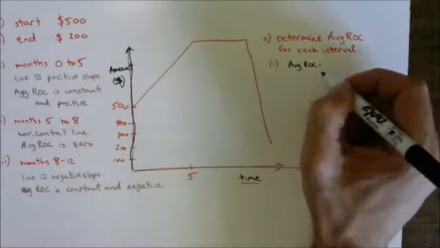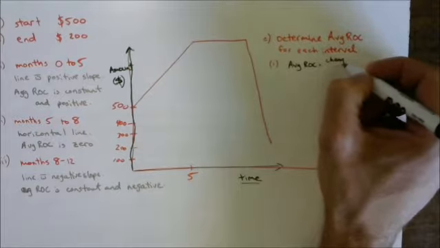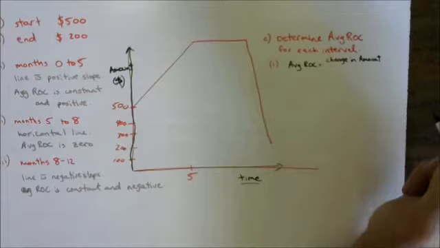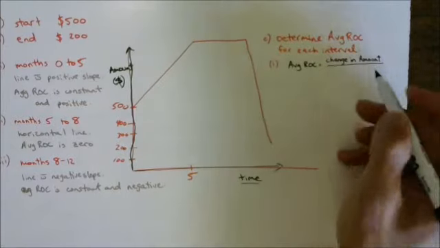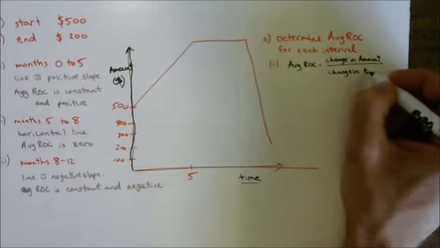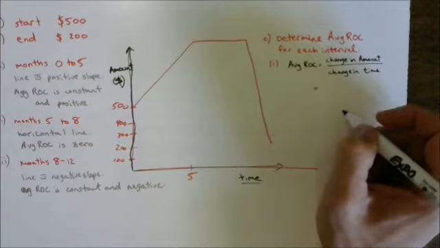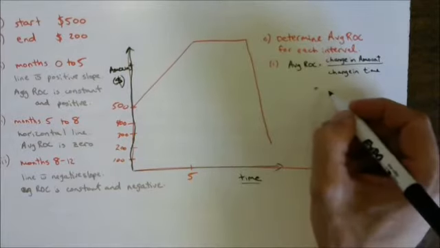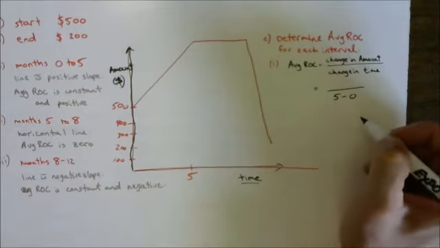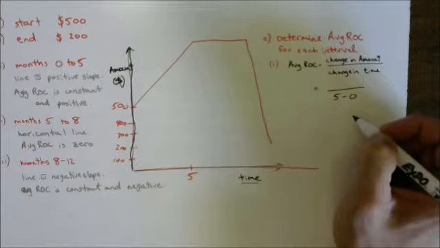So over here, average rate of change is going to be the change in amount over the change in time. For the months from 0 to 5, we're going to take 5 minus 0 in the denominator, because that's our independent variable.